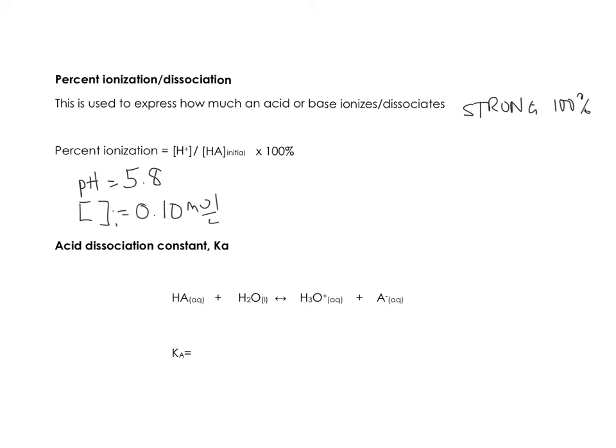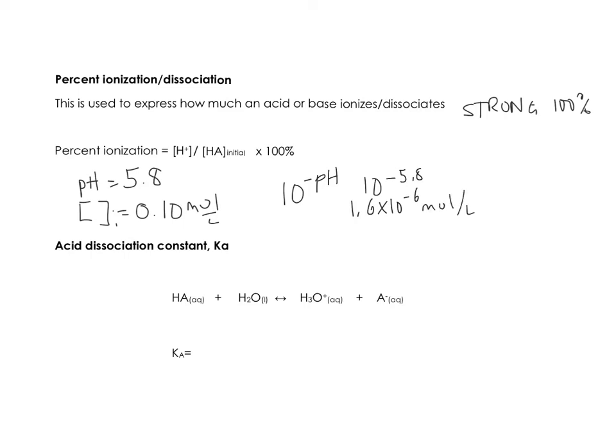So if we have pH, we can find H+. 10 to the negative pH will give us our hydrogen ion concentration. 10 to the negative 5.8. If you end up with a very large number, you forgot to put in this negative. So this is 1.6 times 10 to the negative 6 mole per liter.